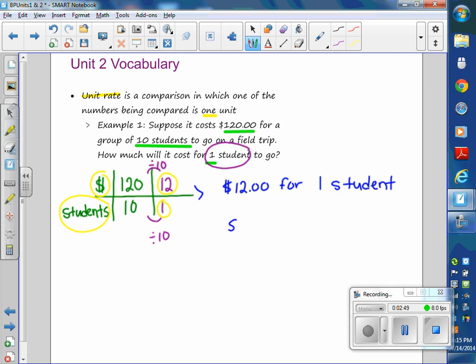Sometimes you might see $12 per, and use a little slash, one student. Oops, sorry about that. We don't usually put the 1 in, we just write per, and then we write student, and that means the same thing.